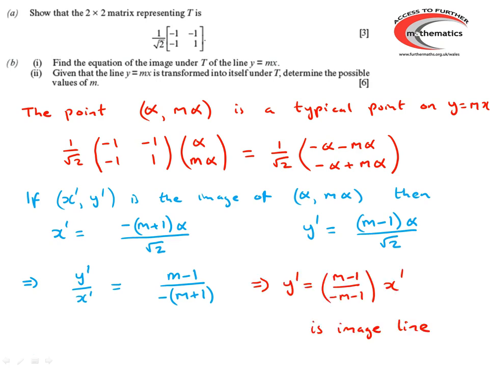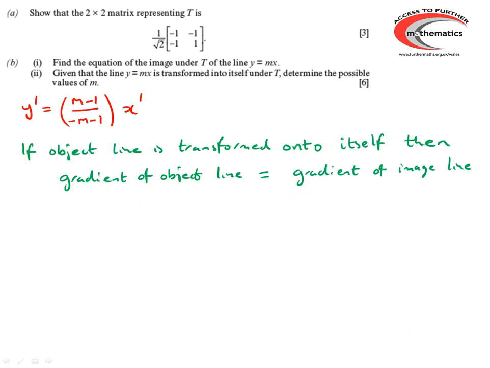In other words, we have got y dash is m minus 1 divided by minus m minus 1 times x dash. So we've got our image line is y dash equals m minus 1 over minus m minus 1 times x dash.